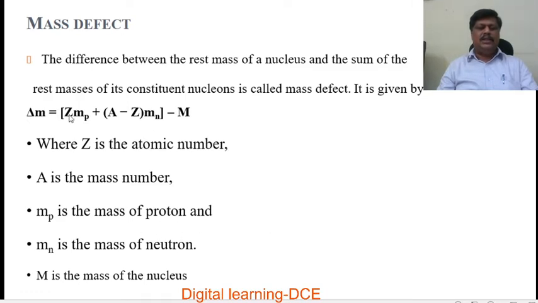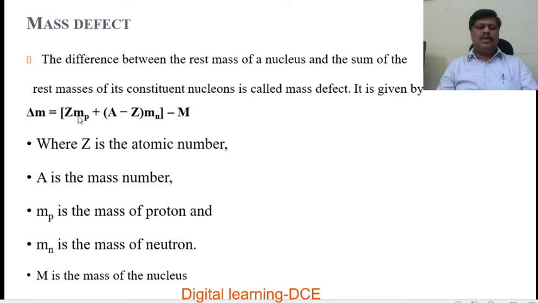So here Z represents atomic number, that is total number of protons, and Mp is the mass of each proton. So total number of protons into mass of each proton gives the total mass of the protons, plus A minus Z gives the total number of neutrons inside the nucleus, into mass of each neutron gives the total mass of the neutrons.